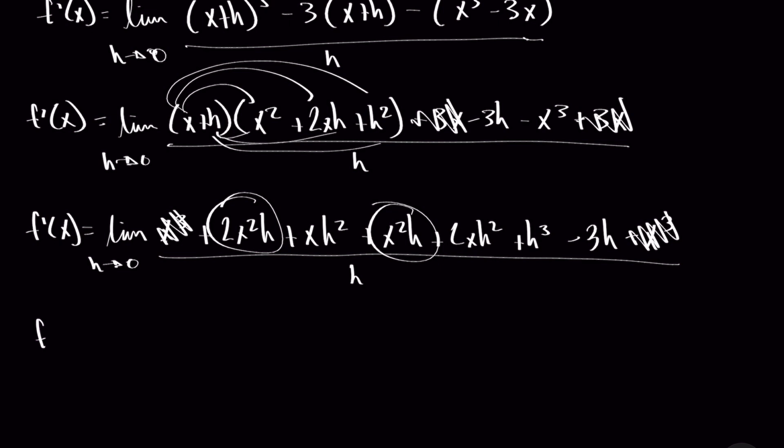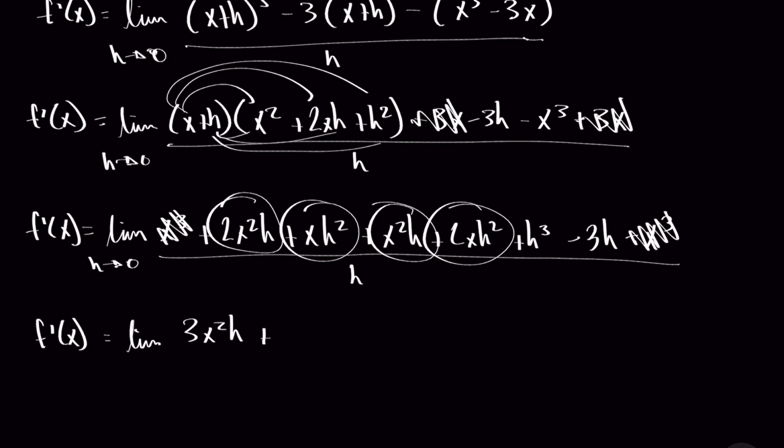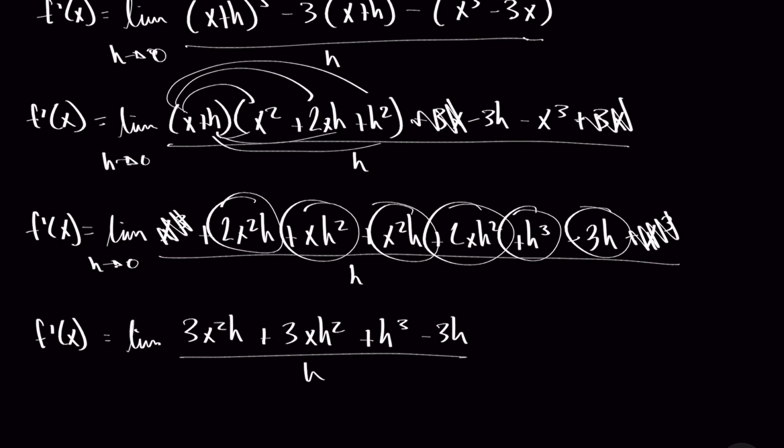That is going to be f prime of x is equal to the limit of 3x squared h. And then I have the h squared terms, so I'm going to circle that. Those are both positive, so now I have plus 3xh squared. And then I just rewrite the final two terms here, plus h cubed minus 3h, and that of course is over h as h approaches 0.